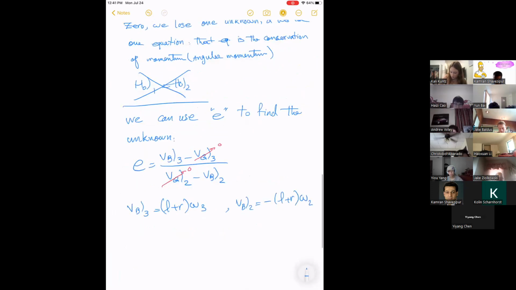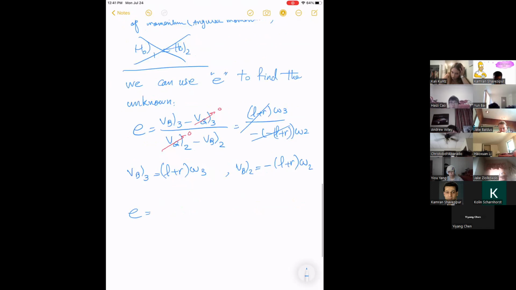If I substitute here, you're going to get (L plus R) omega 3 over (L plus R) omega 2. So technically you cancel this out. e is omega 3 over omega 2, which means omega 3 is e times omega 2, and how much is e? 0.8.